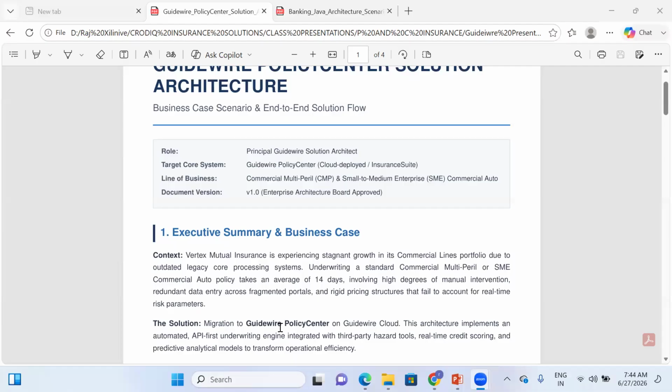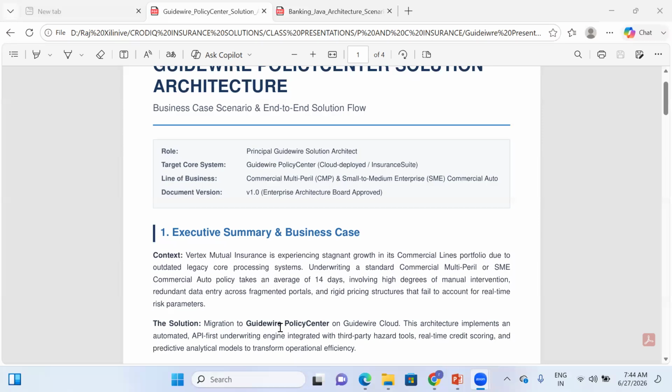The implementation partner will be doing configurations and integrations for their customer needs, because the product already exists. Guidewire is an existing product, and we need to make the necessary configuration changes and integrations. If you take Policy Center as an example, internally it must be integrated with Claim Center, Billing Center, and so on.